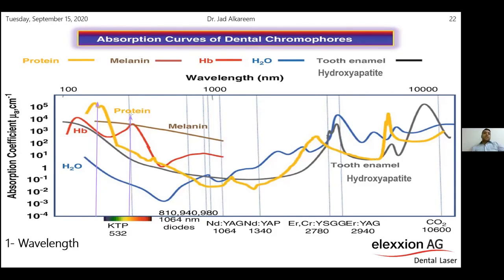Then we go to the KTP, and this laser is green in color. It has a wavelength of 532, which means the human eye is able to see it. It also has a high absorption into the melanin and hemoglobin, but less absorption into the protein, water, and hydroxyapatite. So the green laser is mainly used for disinfection.